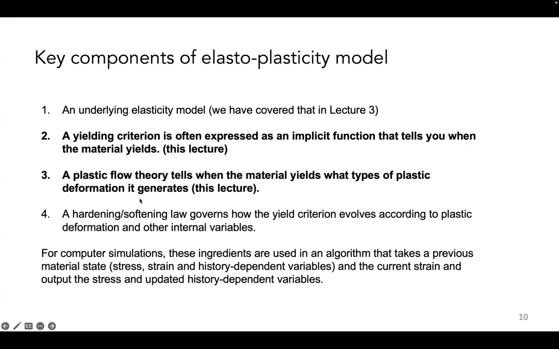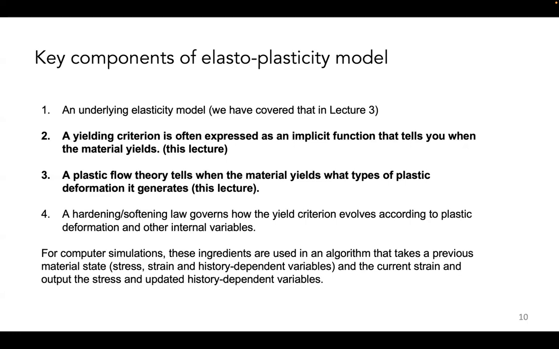The flow rule determines the amount and the type of plastic strain you get, and it could be controlled in various ways that we will talk about. There's another ingredient, which is the hardening and softening of the plasticity model, that tells you, for plastic deformations or some historical physical attribute, how do I evolve that yield criterion?